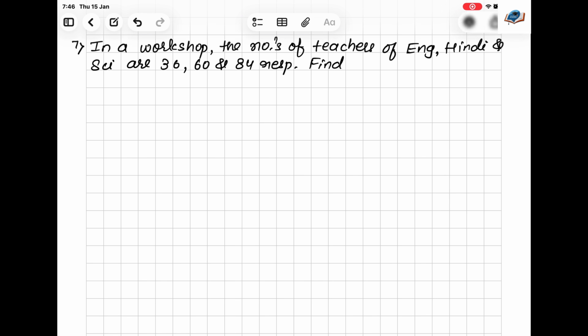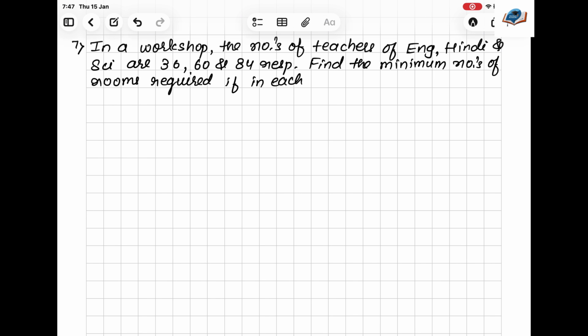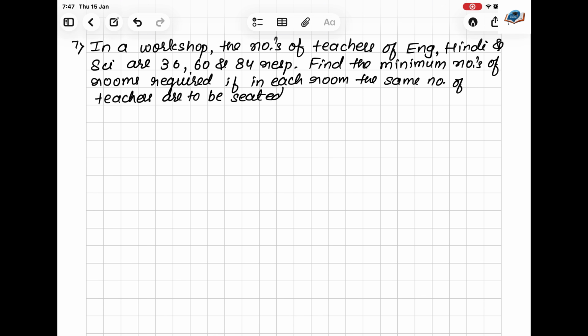Find the minimum number of rooms required if in each room the same number of teachers are to be seated and all of them are of the same subject.